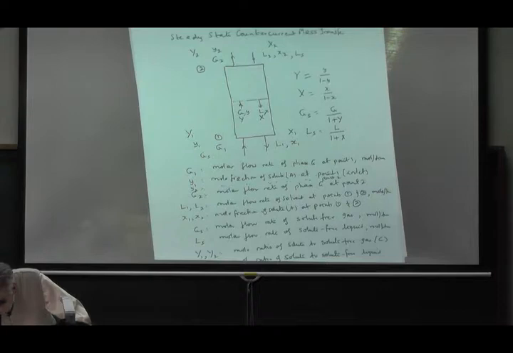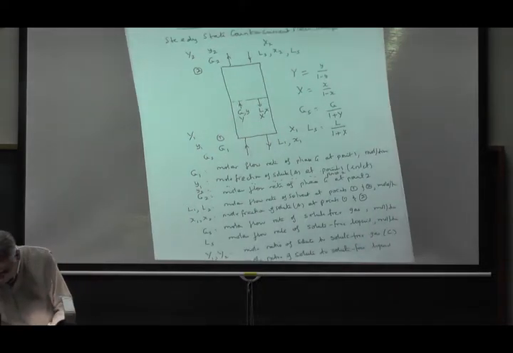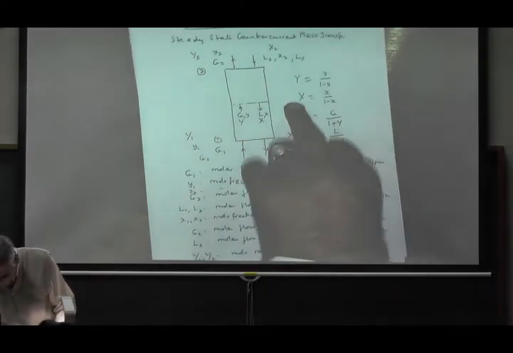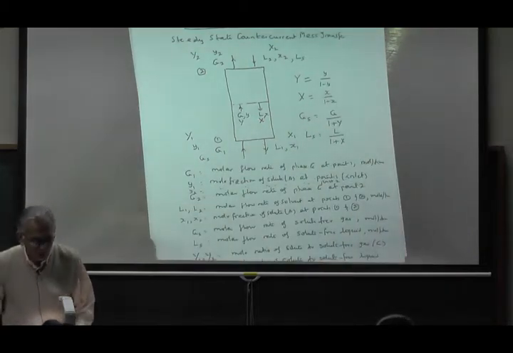It writes capital Y is equal to small y over 1 minus capital Y, which is wrong. These are the correct equations. The definitions of capital Y and capital X in figure 4.7 are not correct in the book.